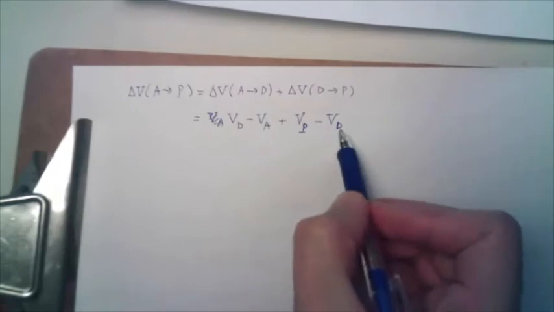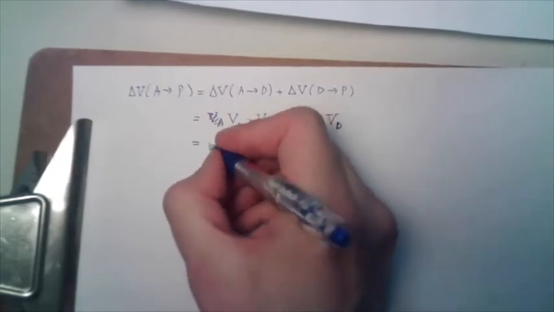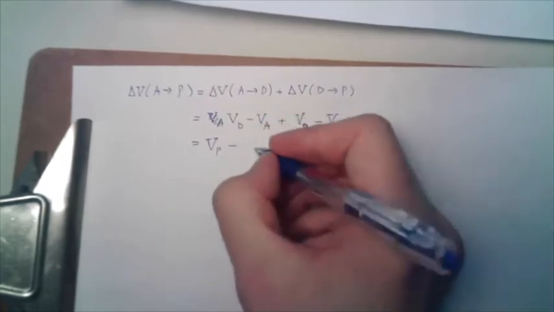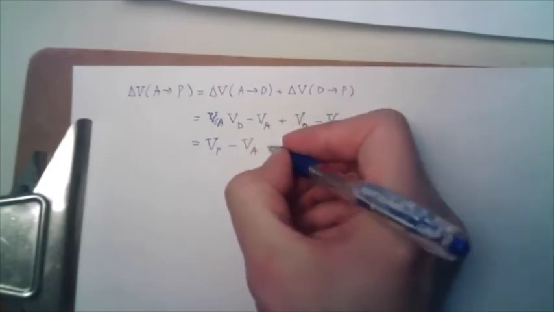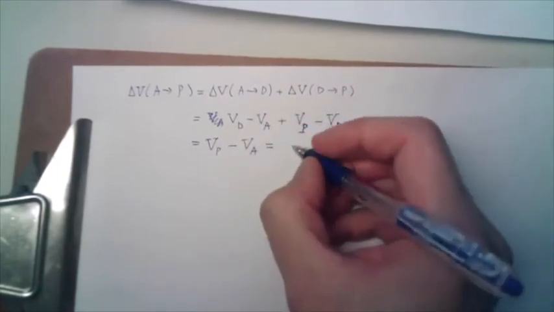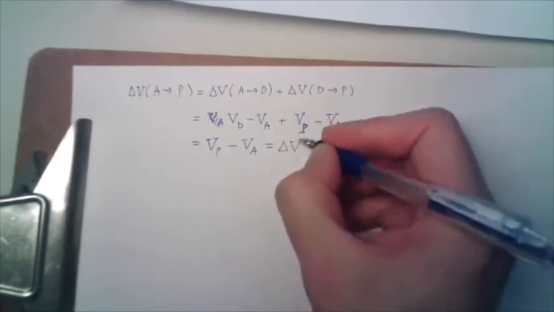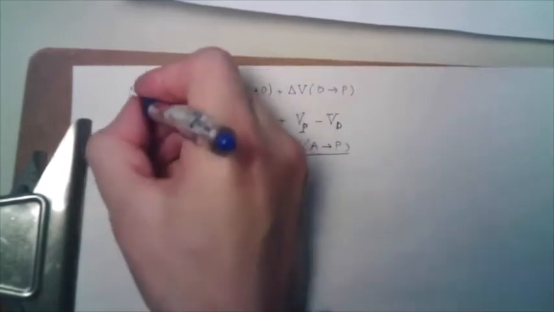So going from here to there, this thing is going to cancel with this. So I'm getting V_P minus V_A, and that is delta V, A to P. And that is identical to here.